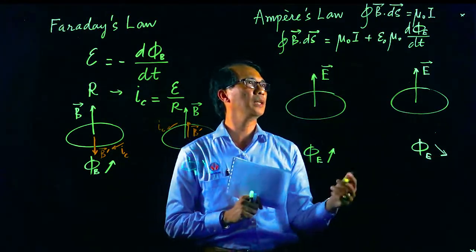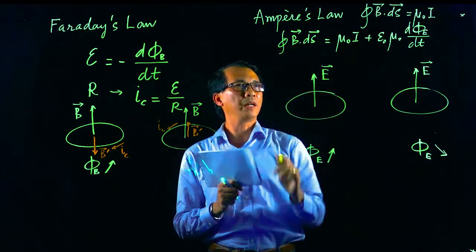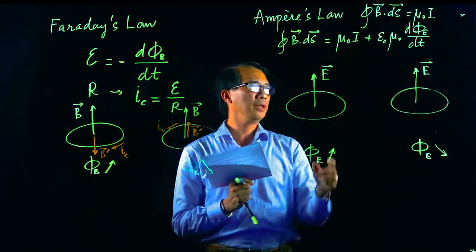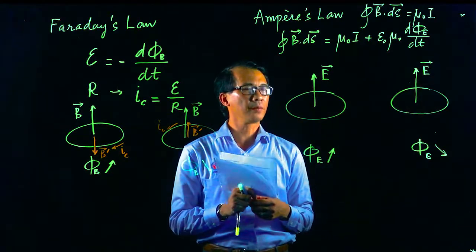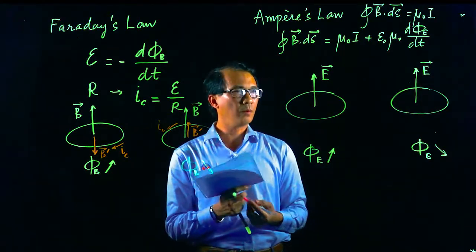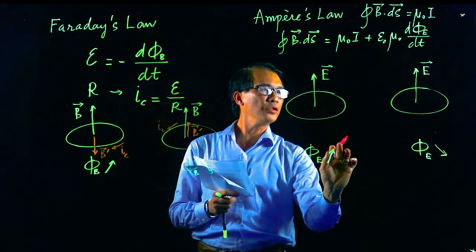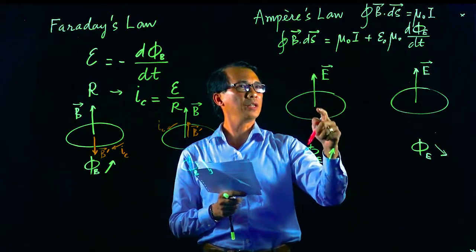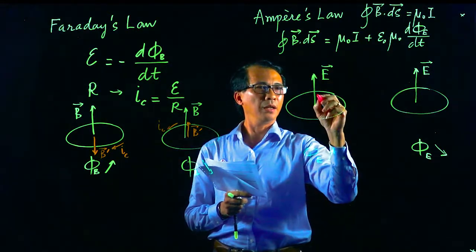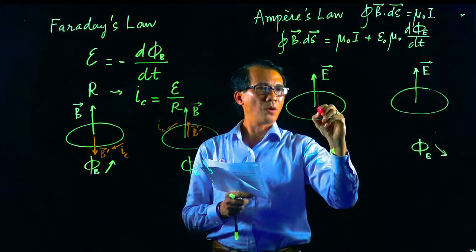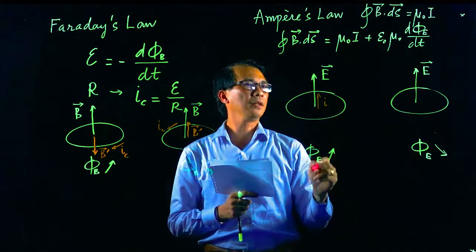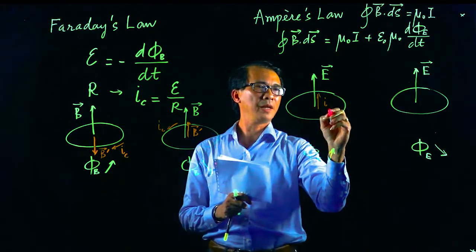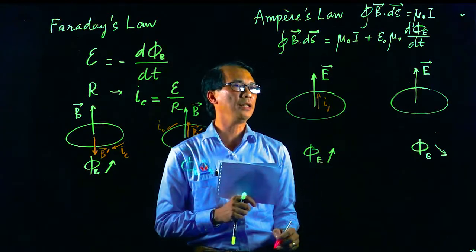So what happens with the magnetic field created by the changing electric field in the two cases? First of all, when phi is increasing, then the current has the same direction as the existing E. So I draw the E. This current, we call it the displacement current, I_D.